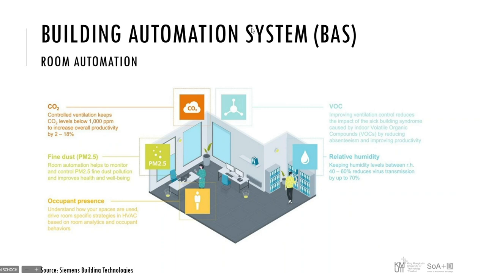VOC is not a dust, but it's basically volatile organic compounds. They usually are emissions from mostly plastic or oil-based products. So any kind of paint, any kind of plastics, they usually emit chemical compounds into the air, especially when they are freshly produced or freshly painted.